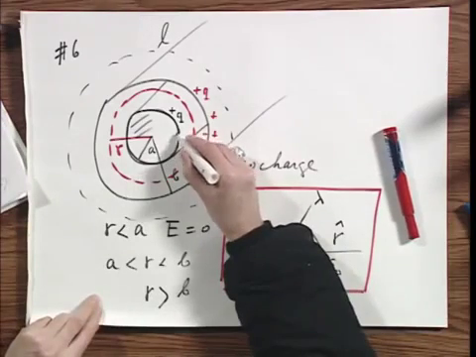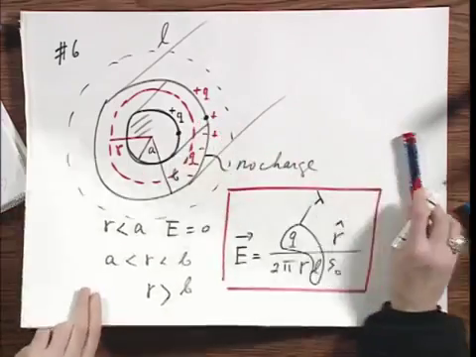What is now the potential difference between this point and this point, between the two cylinders?